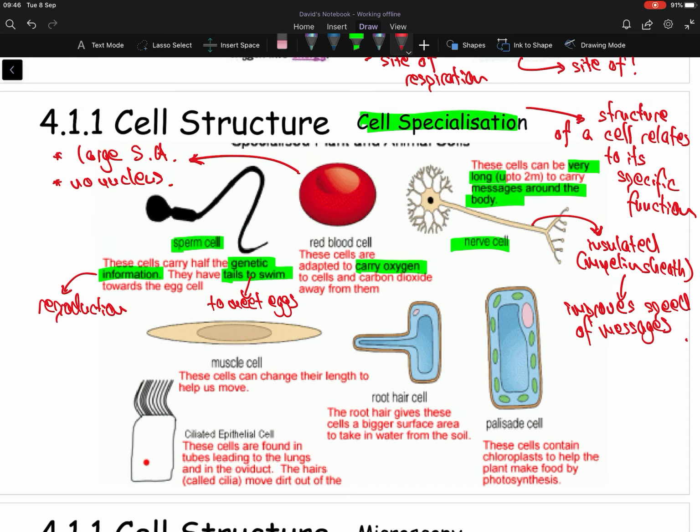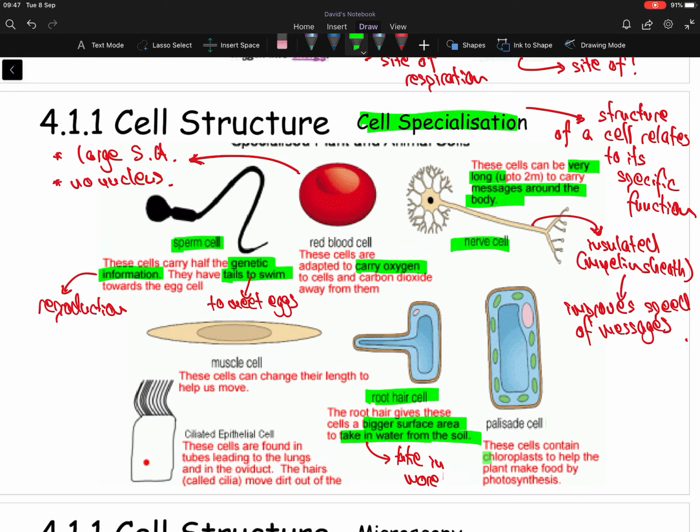A couple of other examples, you might have the root hair cell, which due to its shape has a big surface area so it can take in more water. And you've got palisade cells in the leaf.